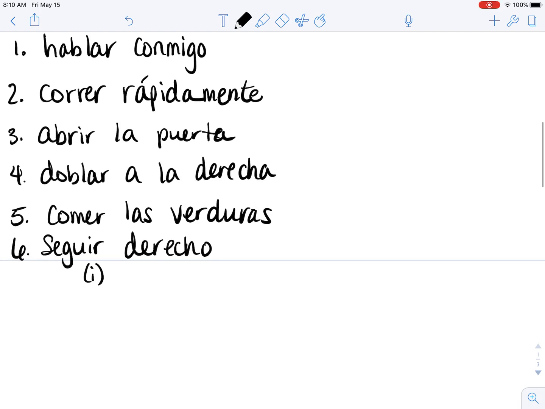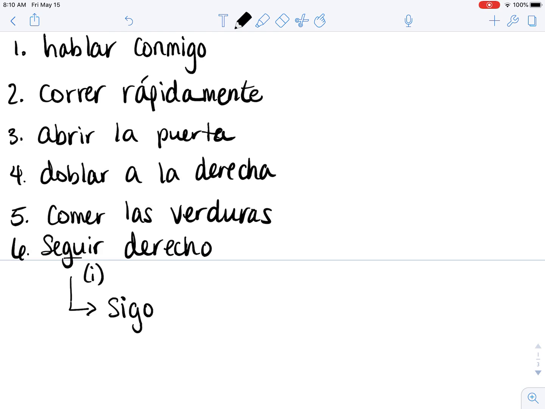One thing I want to tell you about seguir, it's kind of like the opposite of a gar verb, because you have this GU working together here. For the opposite ending, the yo form of seguir is sigo.